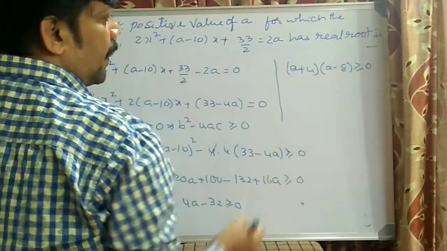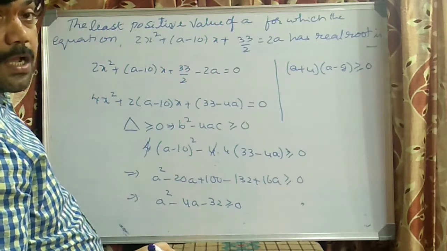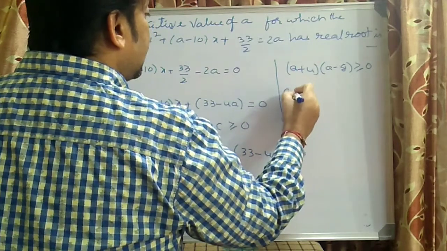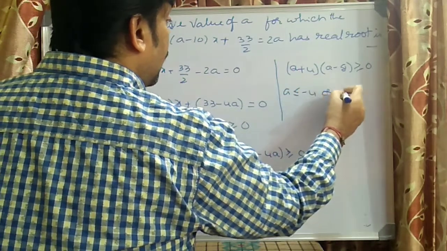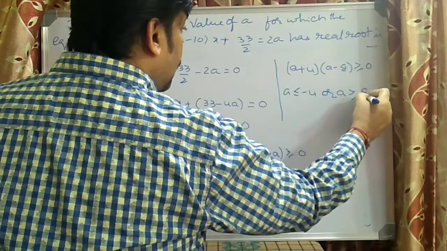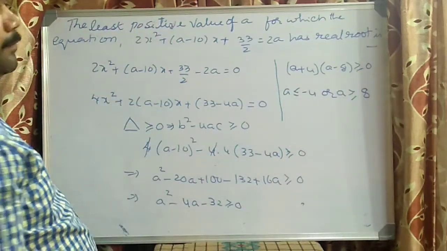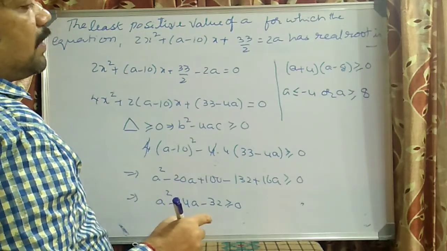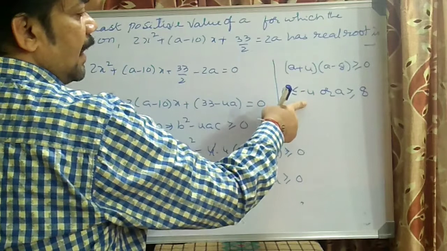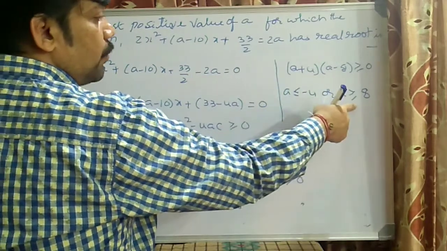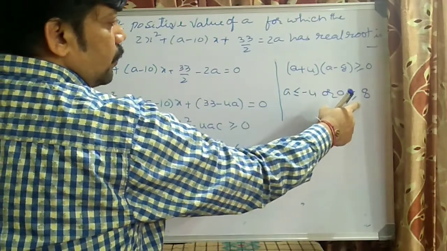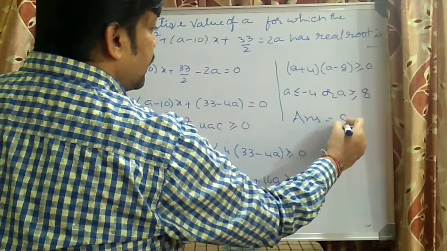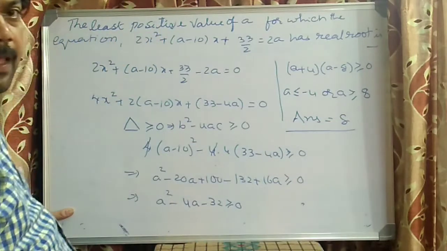So you can see by the properties of quadratic equations roots, we have that a less than or equal to minus 4 or a greater than or equal to plus 8. Now according to the question, I want the least positive value of a. So I am discarding the negative values for a. I am considering only the positive values of a. So what is the least positive value? So answer is very clearly 8.